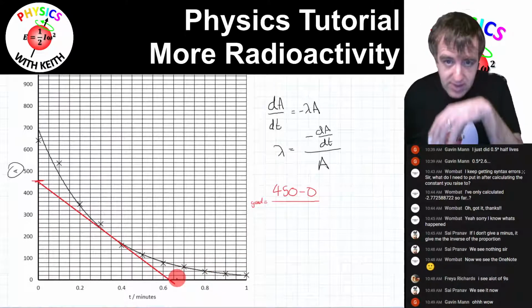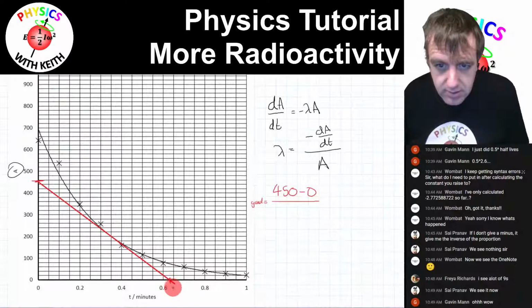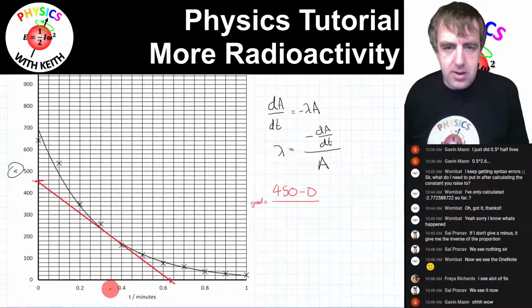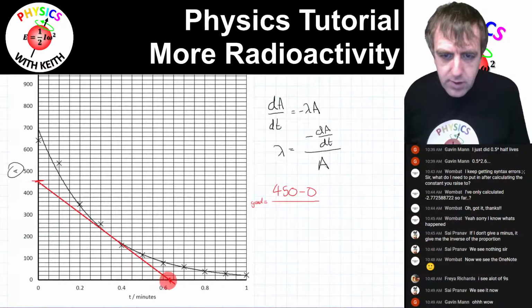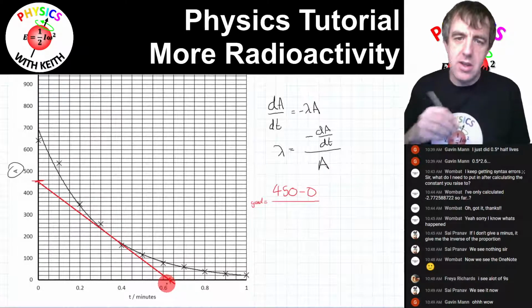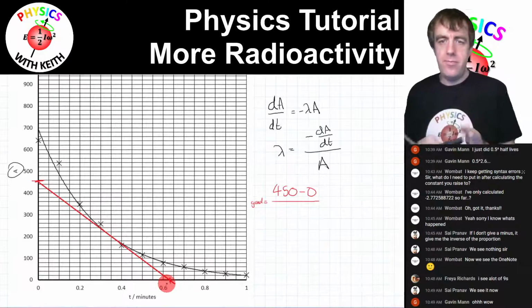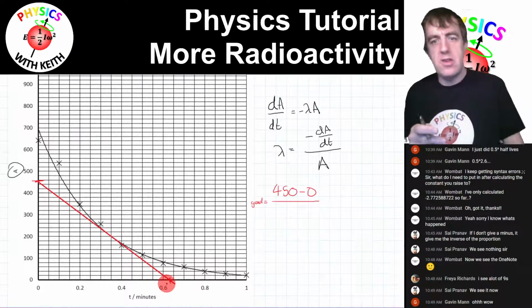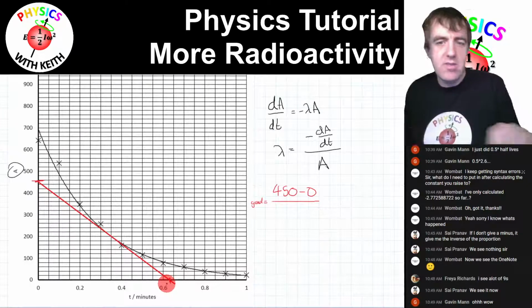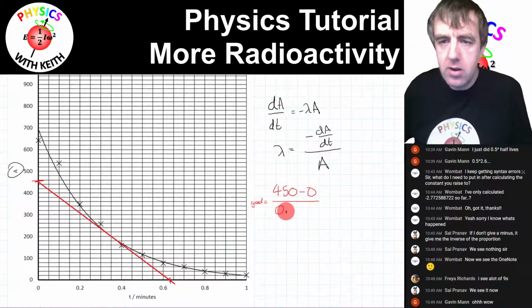And then I'm going to read the x-axis. Okay, I'm going to say 0.1, 0.05. What do you reckon? So I'll say halfway. So 0.625 maybe. Tell me if I'm wrong.